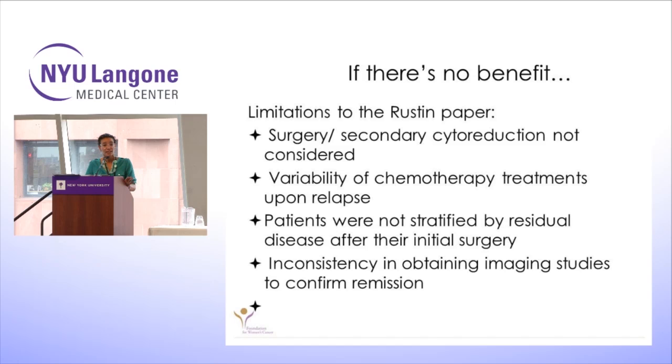To be fair, that strategy has never been proven in a randomized controlled trial. We've never taken a group of women who did that surgery or gave chemotherapy and compared to see how long they lived. But we have a lot of observational data in the United States that says that if we are able to remove all the visible disease, then patients will do better.